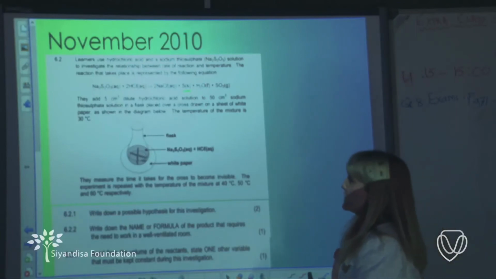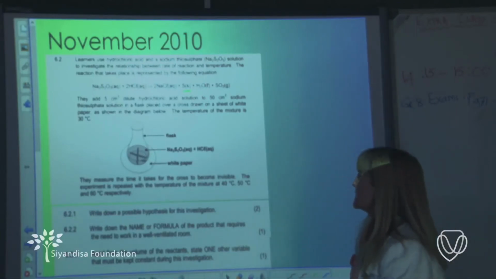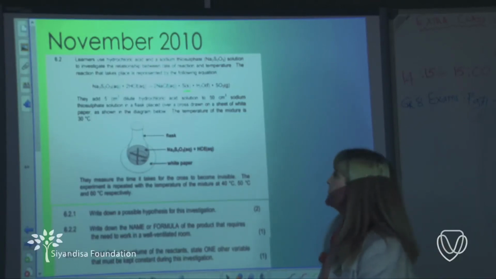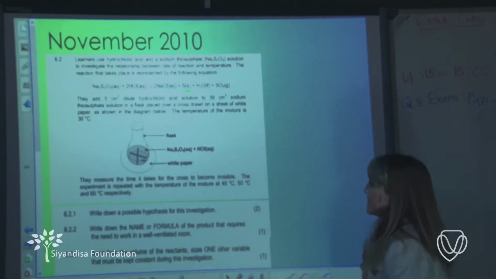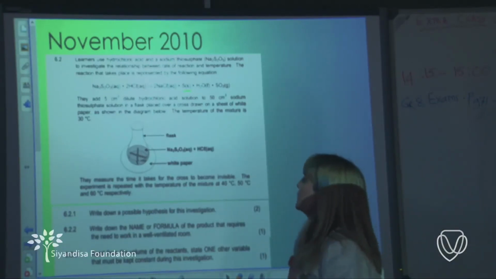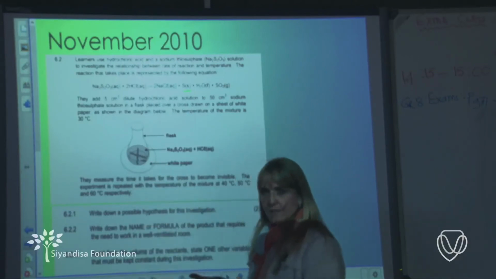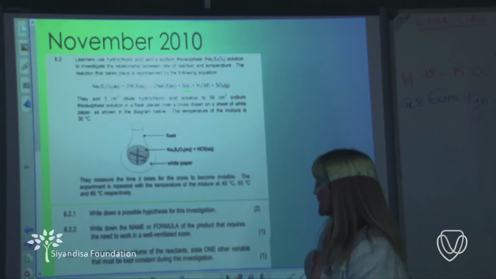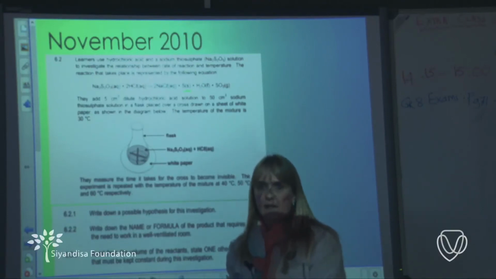All right, so what do the students do? They add 5 cubic centimeters of hydrochloric acid to 50 cubic centimeters of sodium thiosulfate. The temperature of the mixture is 30 degrees Celsius. They measure the time it takes for them no longer to be able to see the cross that is being placed under the flask. The experiment is repeated with the temperature of the mixture at 40 degrees Celsius, 50 degrees Celsius, and 60 degrees Celsius, respectively.